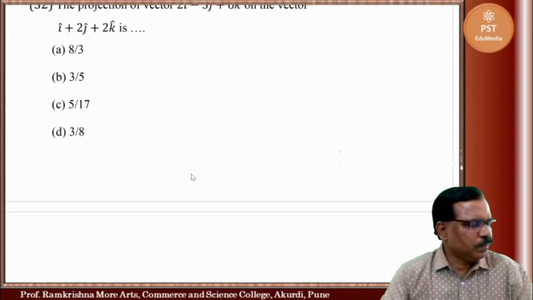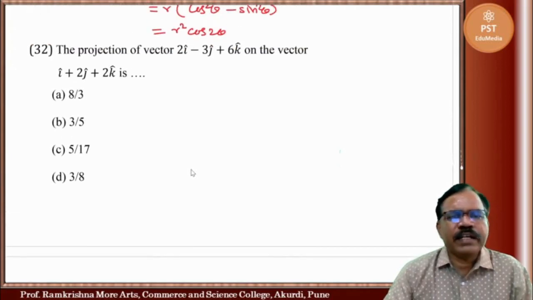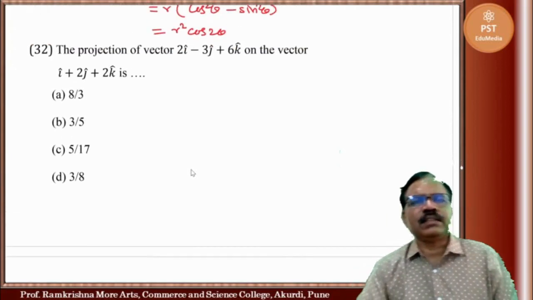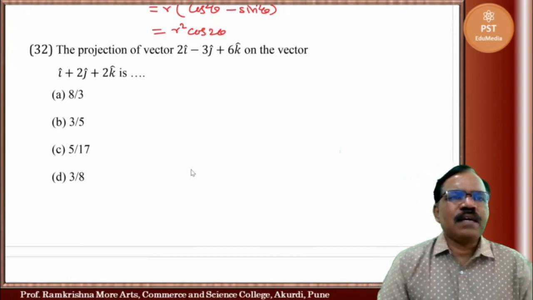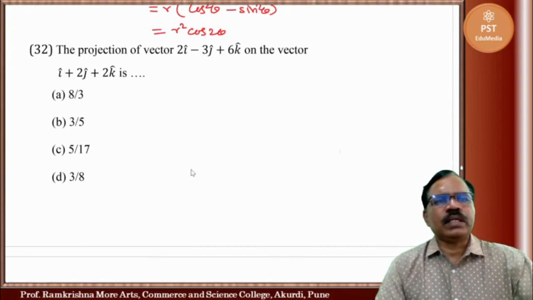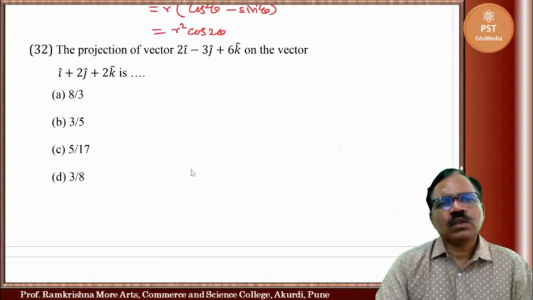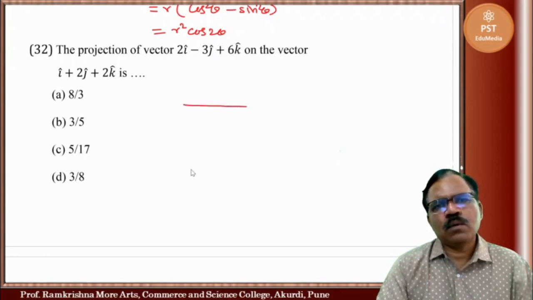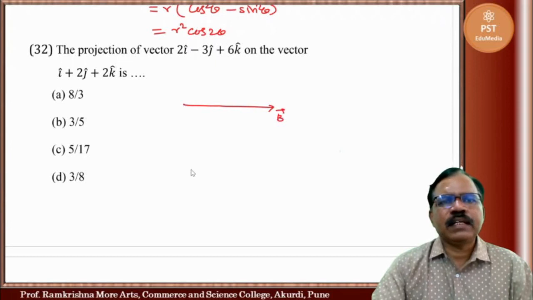Now next one, projection of vector 2i minus 3j plus 6k on the vector i plus 2j plus 2k. So suppose we have vector b and this is vector a.